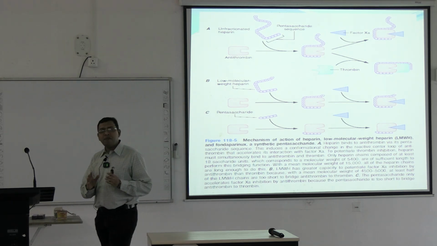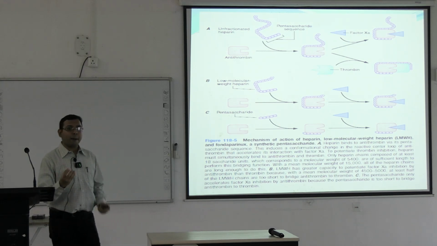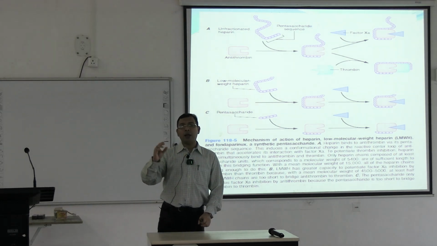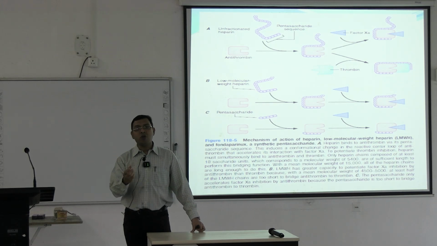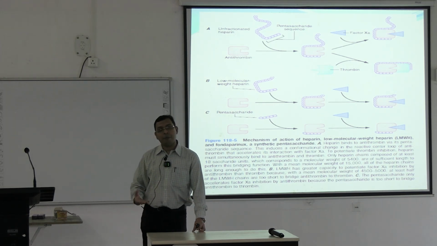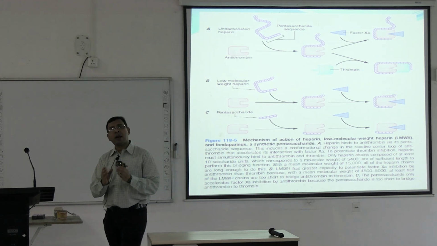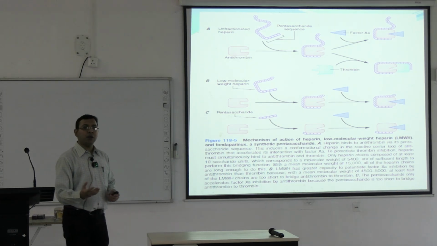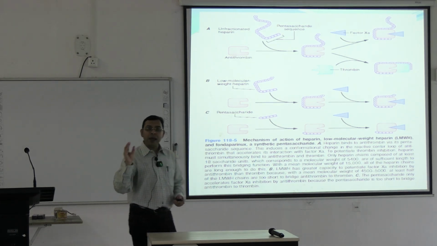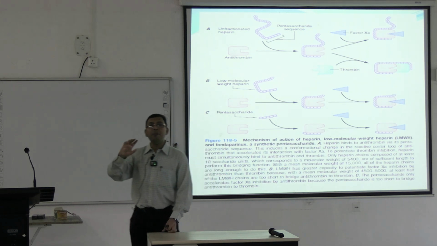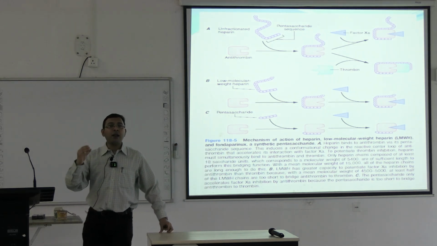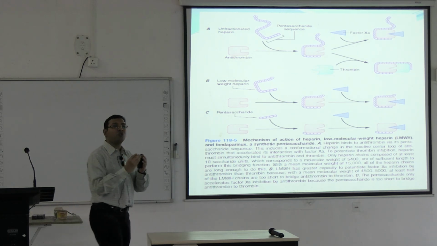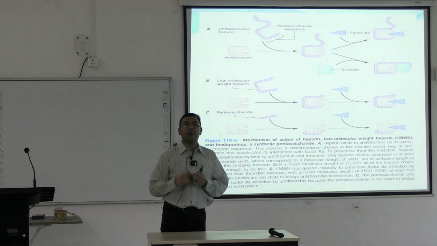Now this heparin is a very long molecule, normal heparin, and when this heparin is given, it ultimately binds with the antithrombin. This antithrombin is already present in our plasma and it inactivates the factor 10A, factor 2A, etc. very slowly. But when this heparin attaches with the antithrombin, there will be conformational change, so that there will be more propensity of the factor 10A to attach with this antithrombin and become inactivated.